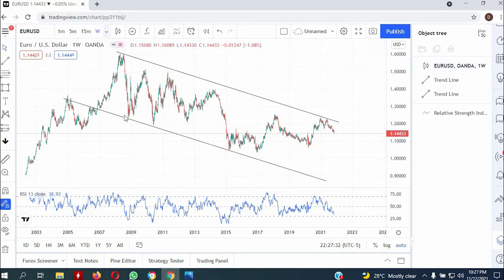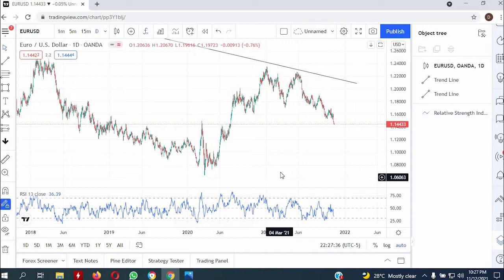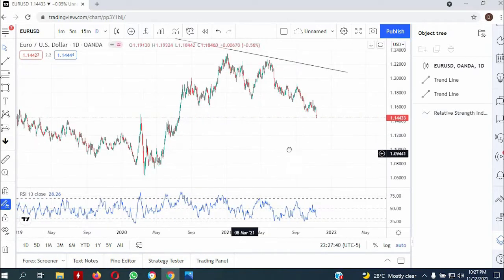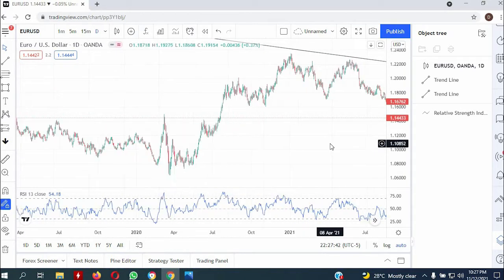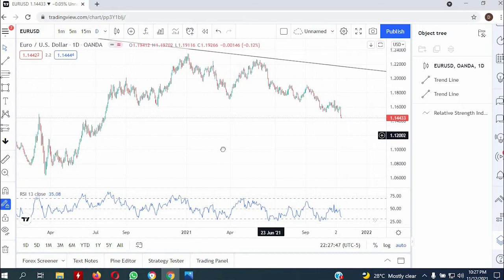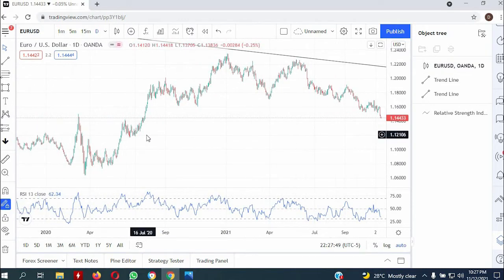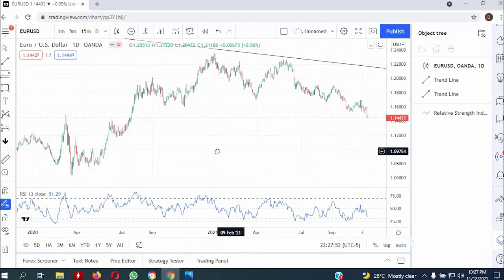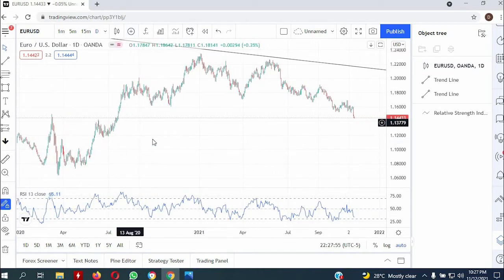So let's go down to the daily time frame and have a look at what's going on there. Now on the daily time frame, the EUR USD is entering this structure right here, which will act as some resistance, right?